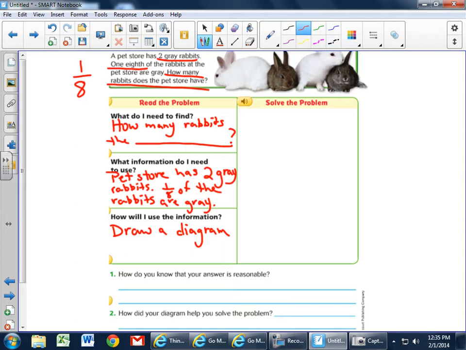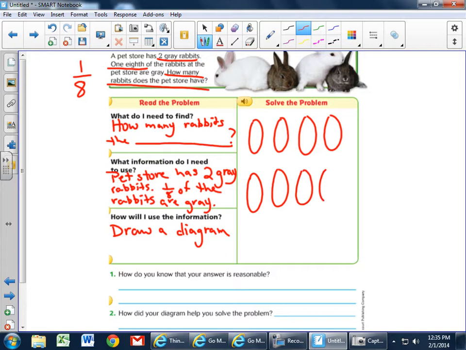So that tells me how many total groups I need. So I need to draw 8 groups. That tells me my total number of groups. Okay? Then I know that 2 goes in each one of them. Since 2 rabbits are 1/8 of the whole group, I know that 1/8 of them has to have 2, so there's my 1/8 with 2.